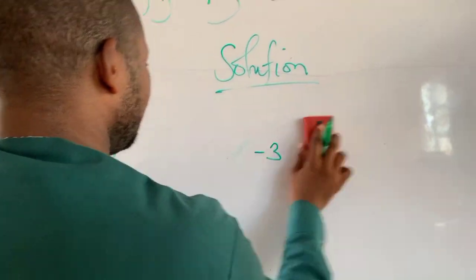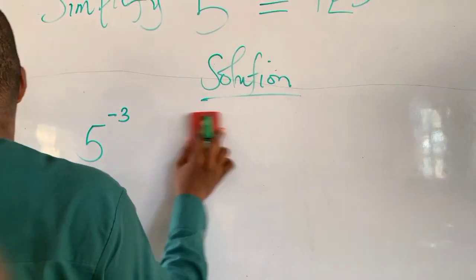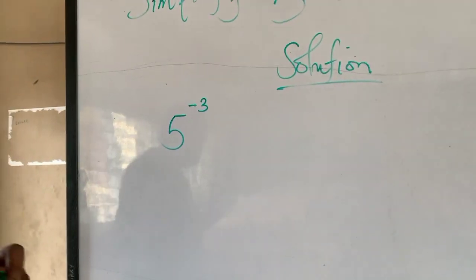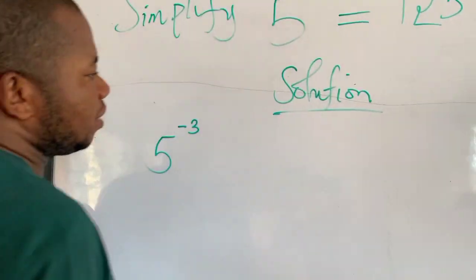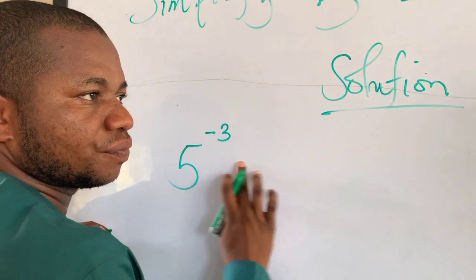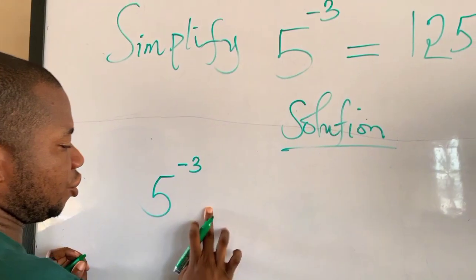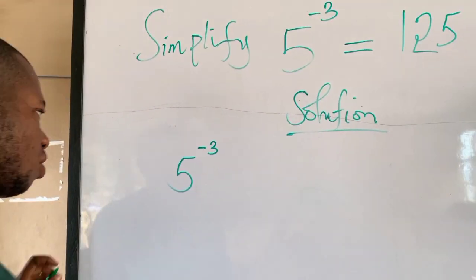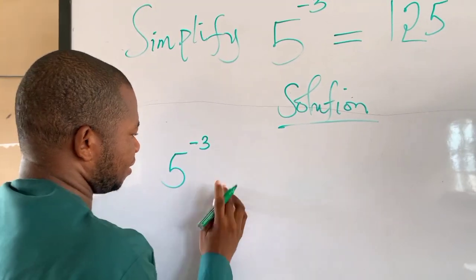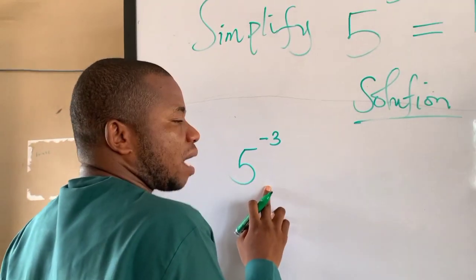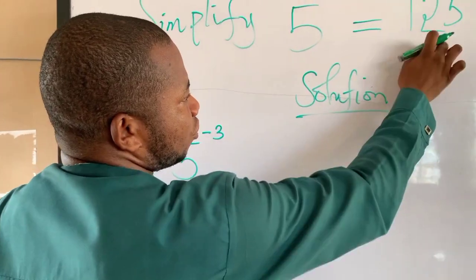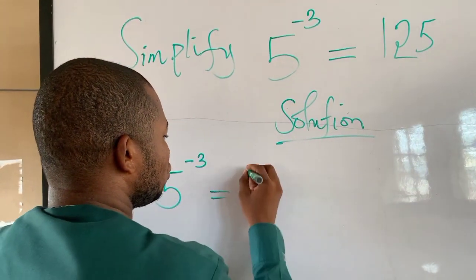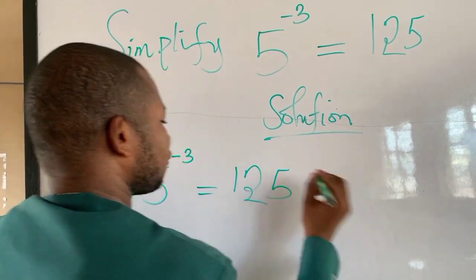I want to believe that I've been able to remove the negative knowledge that has clouded you over the years. So this is 5 raised to the power -3x. The question said is equal to 125.